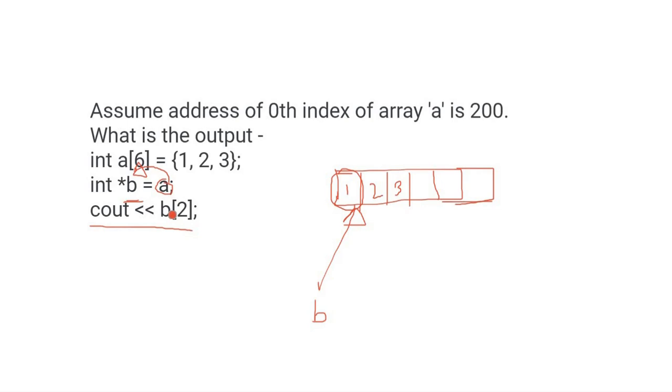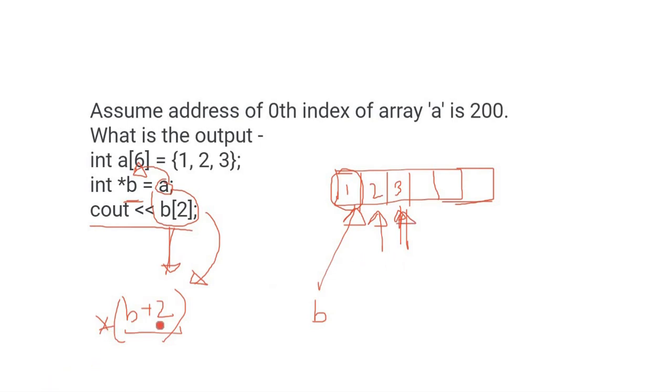Alright, so b of 2. We know that b is a pointer, but the compiler will interpret this as b plus 2 and then dereference it. So the compiler will convert this into this and then dereference it. b is this, b plus 1 becomes this, and b plus 2 becomes this.